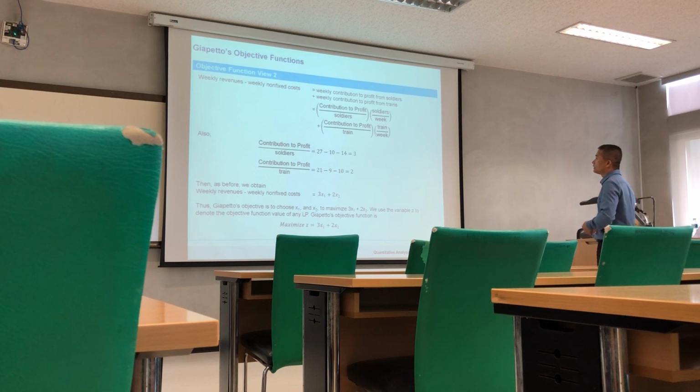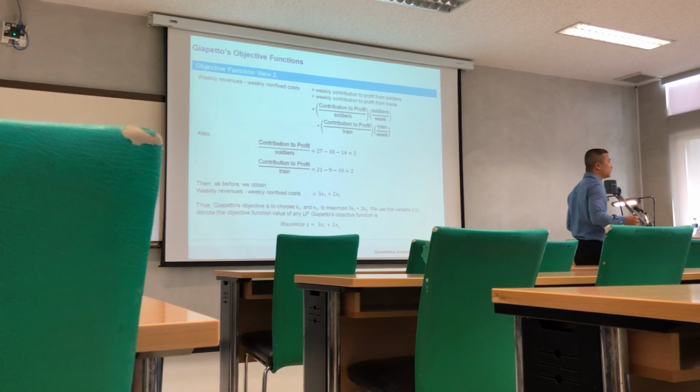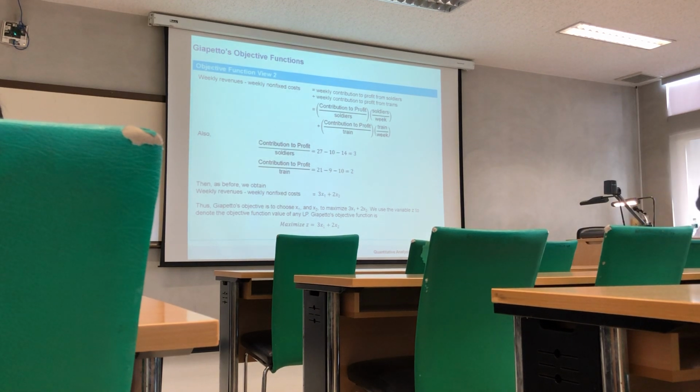This is just another way of looking at how you obtain the objective function. The contribution to profit for each soldier is basically revenue minus cost.